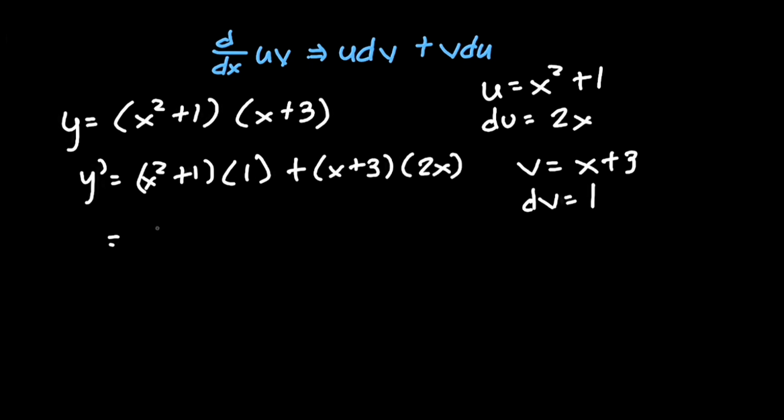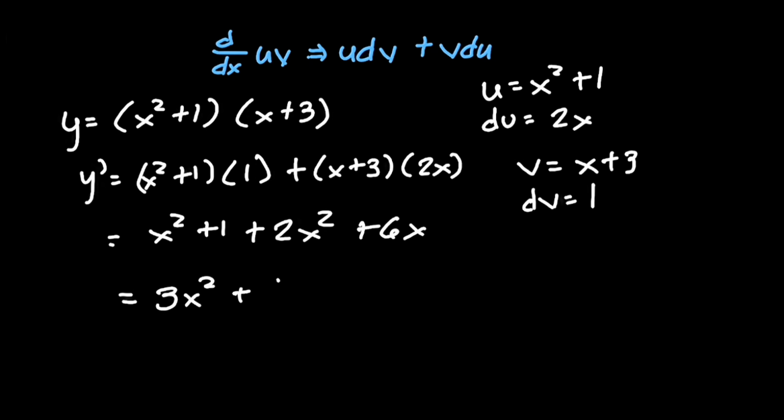Multiply all of this and you will get x squared plus 1 plus 2x squared plus 6x. Simplify this even further and you will get 3x squared plus 6x plus 1.